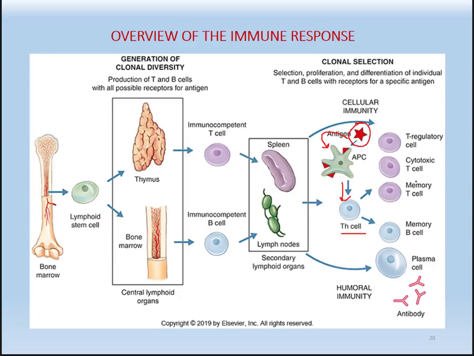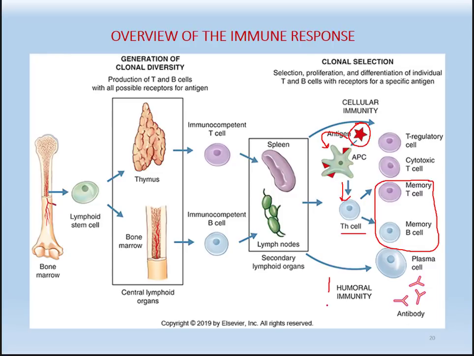This will then cause the activation of two different groups of memory cells. We have T memory cells and B memory cells. And memory cells, just as the name says, are going to be involved in this specific response because it will have a memory of what happened.